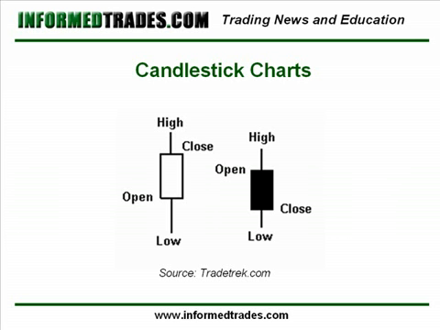On most charting packages, if the close is higher than the open, then the body of the candle is shaded white, and if the close is lower than the open, then the body is shaded black. Now that may be red or green. The color doesn't really matter as long as you understand which color represents a higher close than open and which color represents a lower close than open.